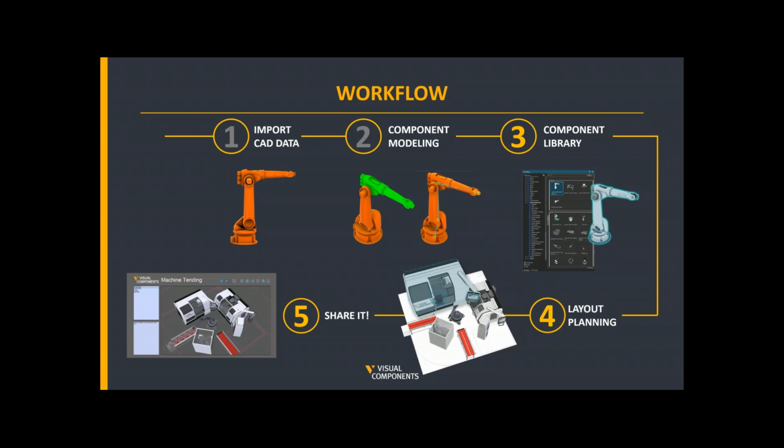I have a slide about that next. And from these components that you have created yourself or from the Visual Components library, you can easily create your own layouts. And as a result, you can get different kinds of results. You can have a 3D PDF, for example, like in this slide. So you can easily share your work with other parties.